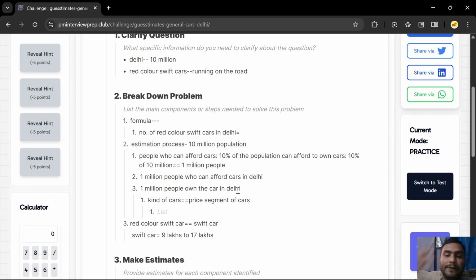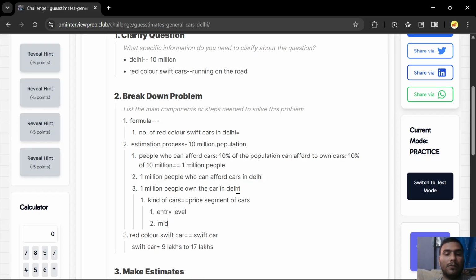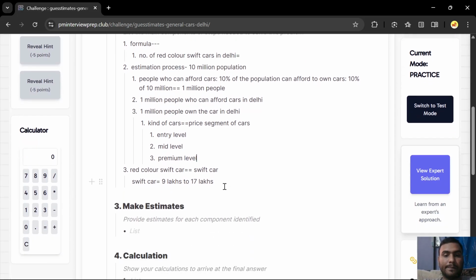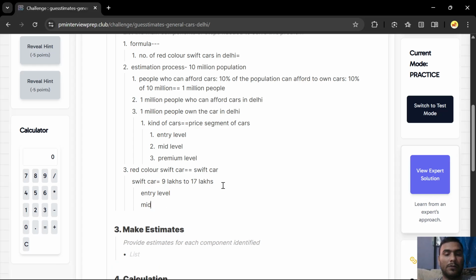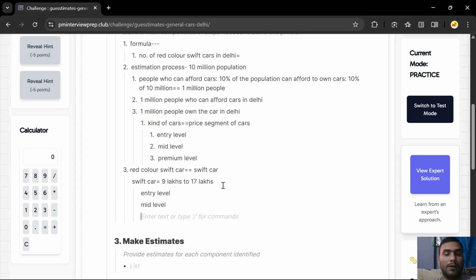Now, let us divide the cars into three categories: entry level, mid level, and premium. I should be writing here. So this is related to cars. Let me write it here. Entry level, mid level, and premium.